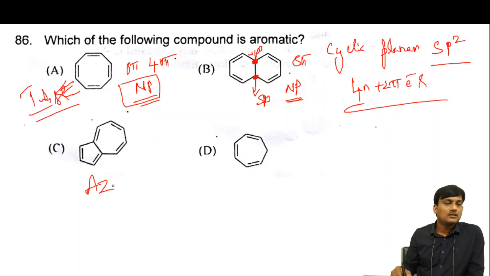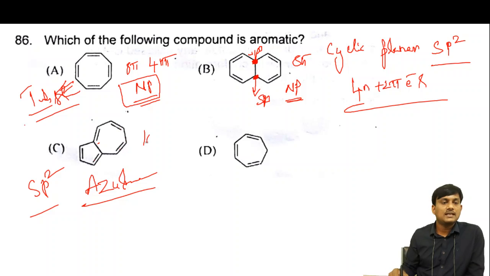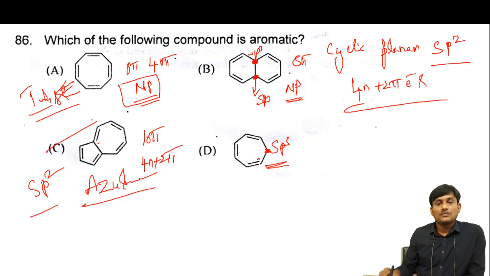In this one, all the carbons are sp2 hybridized. It's a planar molecule. 1, 2, 3, 4, 5, 5 pi bonds means 10 pi electrons. It's a 4n plus 2 pi system. That's why it's aromatic. And here there is an sp3 hybridized carbon. Here there is another phenomenon, a peculiar phenomenon in this case.